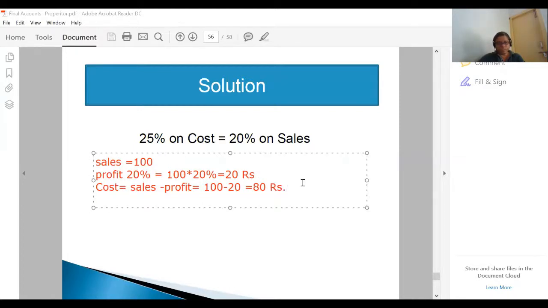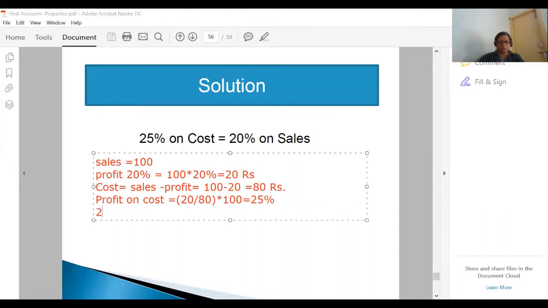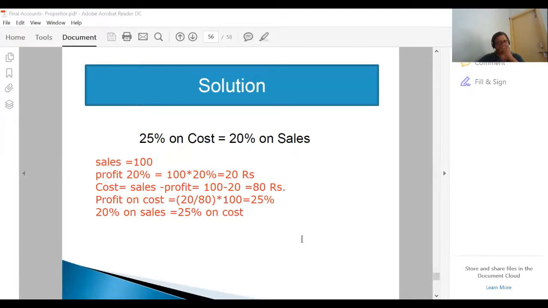Now profit on cost is equal to profit 20, cost 80, into 100, that gives us 25%. So that's what they were saying, 20% on sales is equal to 25% on cost. Clear on this?